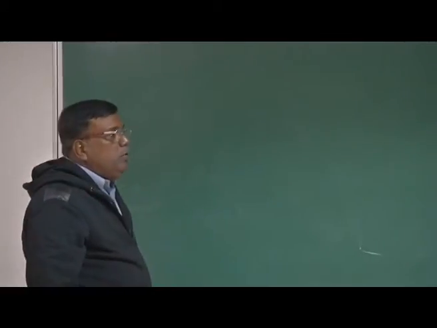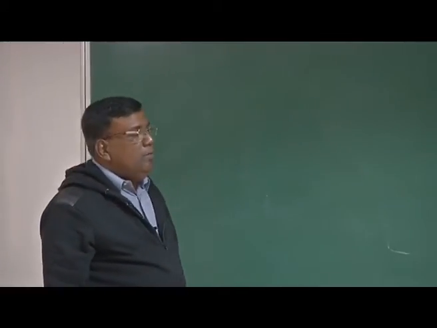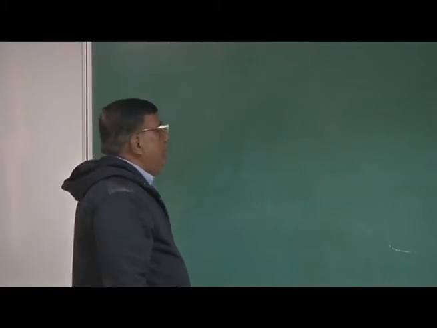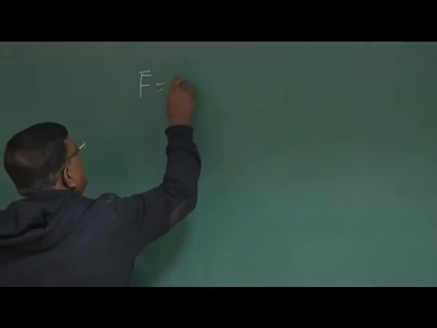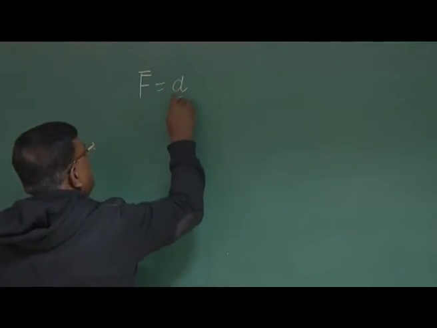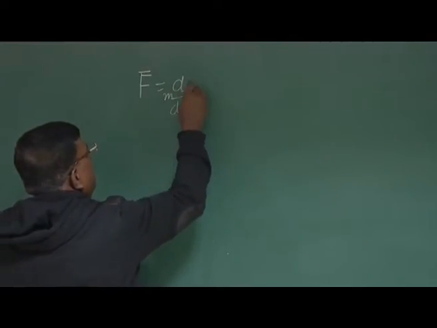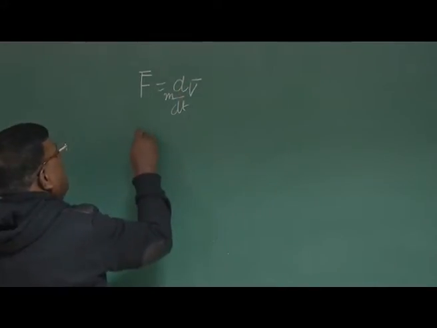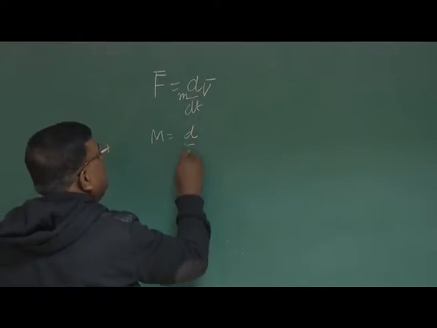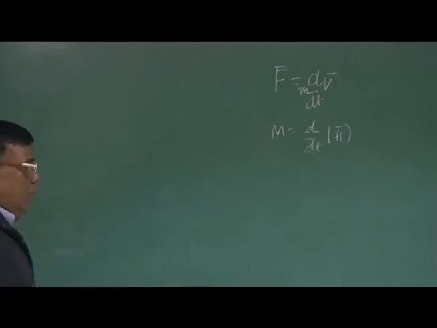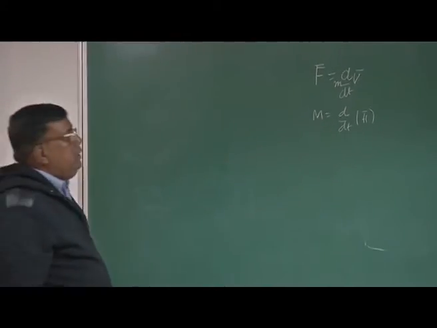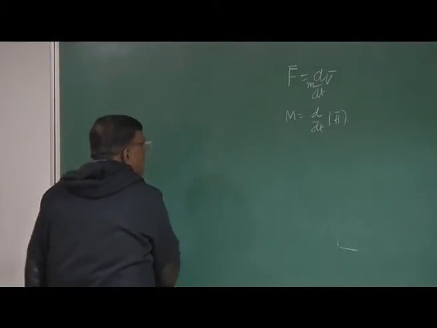It is good that we want to work in body frame, that makes our life comfortable, but what is the problem? The problem is when you are applying F equal to d by dt of mv, or m dv by dt, or M equal to d by dt of h, that is rate of change of momentum, and we have neglected dm by dt.